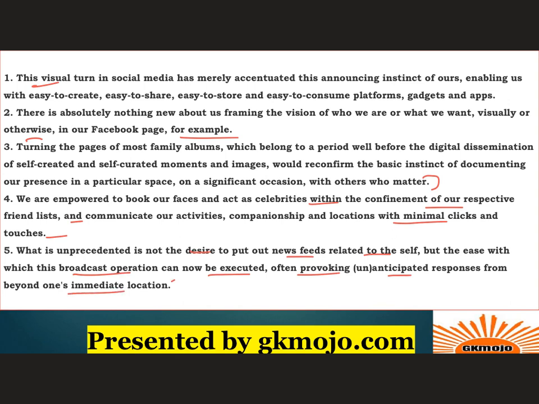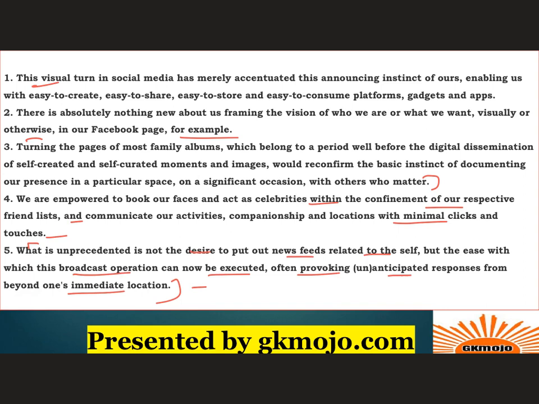So look at this last sentence. All right, I'll come back to this, but this looks like it is giving you some sort of conclusion for the topic that we are talking about over here. So by now you would have understood that the central theme over here is social media and how we are confined to the friend list or the social media platform that we use. All right.